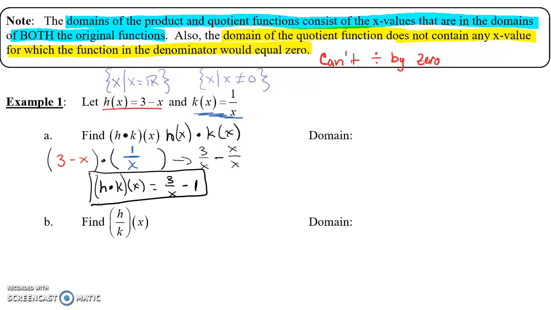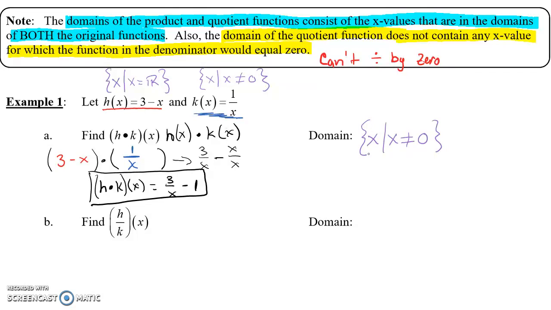There's my new product. What is the domain? Well, it takes the domain of both of my original functions, all real numbers, but also x cannot equal 0. So I know that this domain will also be all real numbers such that x is not equal to 0. I'll write that in set builder notation.